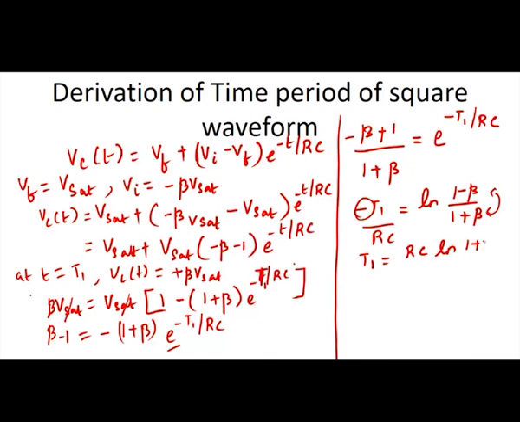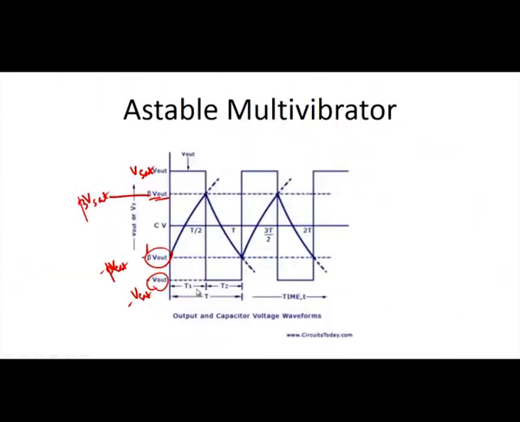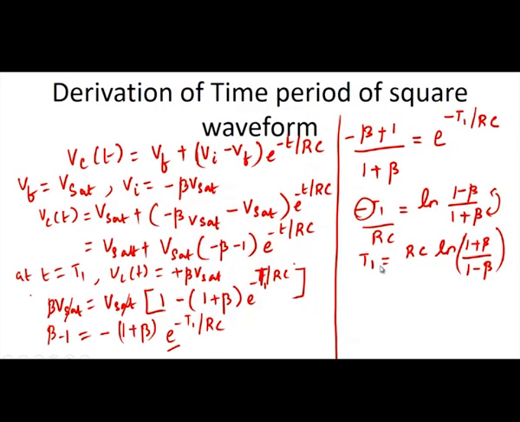So you have 1 plus beta in the numerator and 1 minus beta in the denominator. This is the time period for half of the output, T1, and for the total time period T, it is 2 RC natural logarithm of the whole portion 1 plus beta by 1 minus beta.